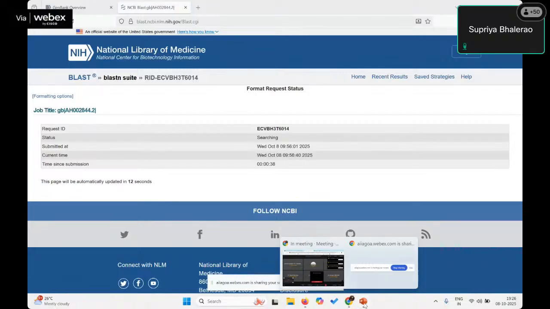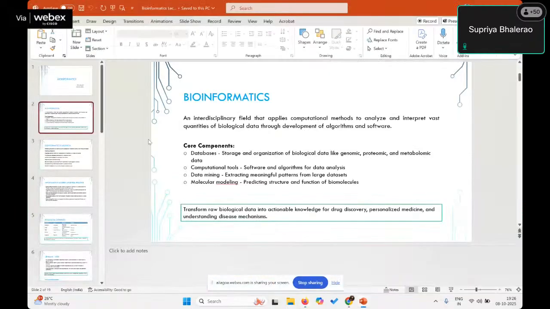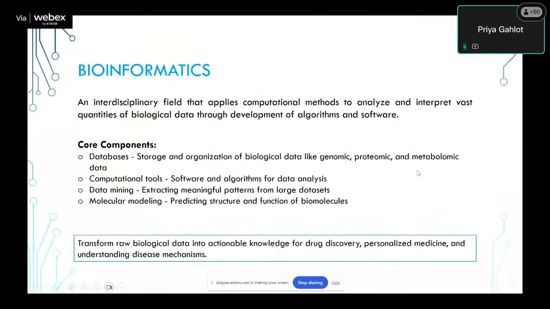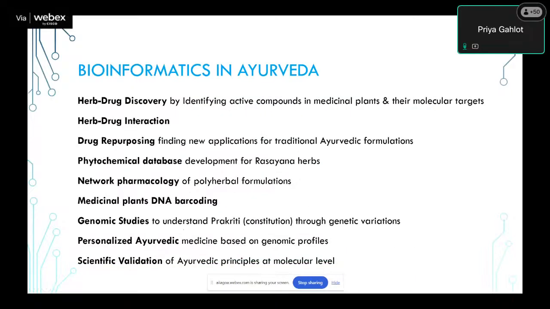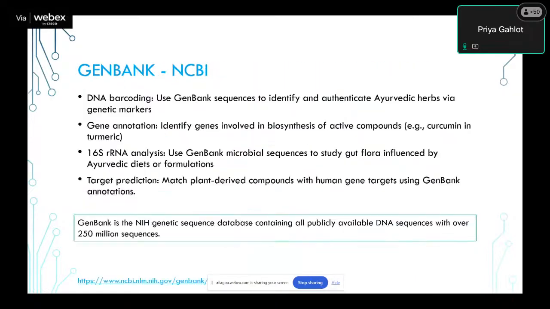Actually it's a big sequence, so it will take some time. So we can cover it later. I would just like to give you an idea that basically BLAST compares two sequences, or if we are randomly giving one particular sequence, it is going to compare that sequence to the whole data set and will give us the similarity.